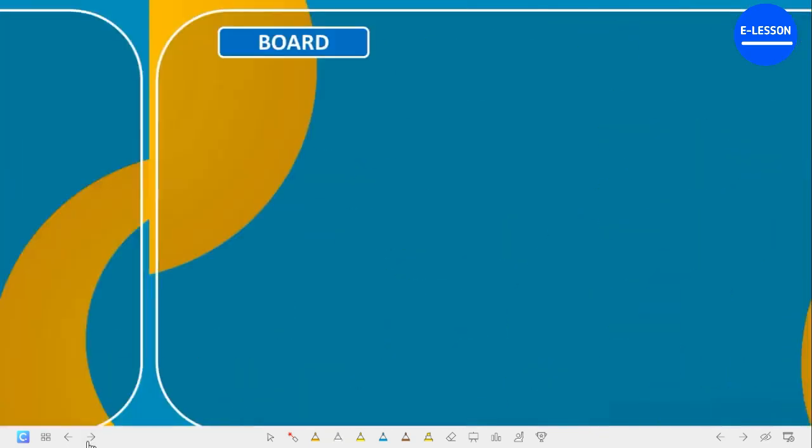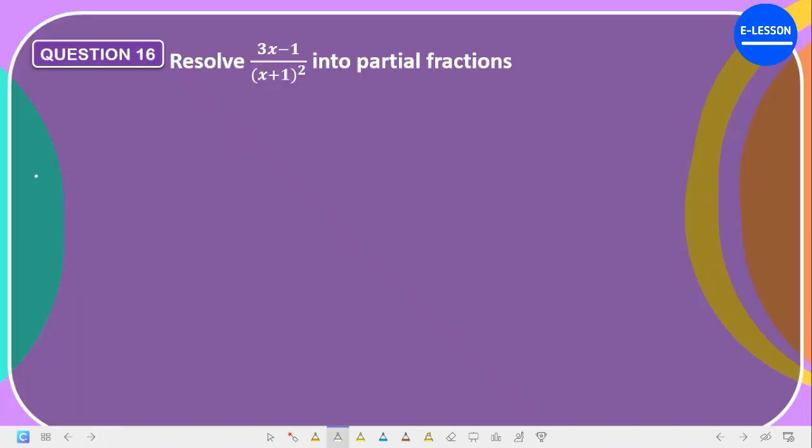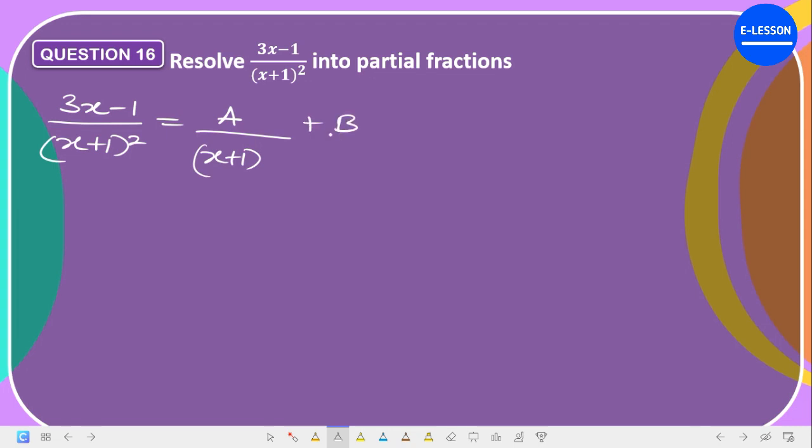Now let's look at the next question. The next question says resolve this into partial fractions. To resolve anything into partial fractions, what do we do? We have 3s minus 1 all over s plus 1 squared. What you do is A all over, since this one is repeated, you write this one first, s plus 1, then plus B all over s plus 1 squared.